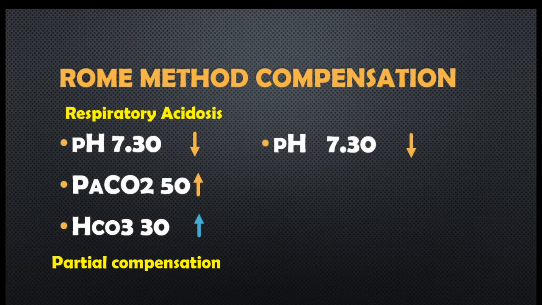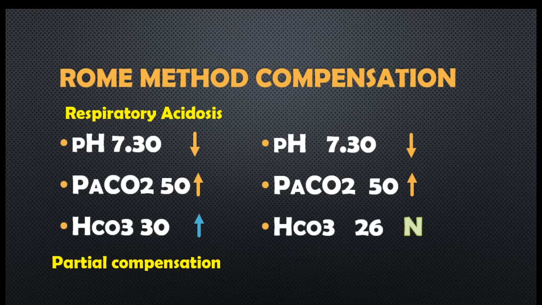So we have a pH of 7.30, same. This is decreasing, which is acidosis, and the PaCO2 of 50 is also increasing, and the bicarbonate level is normal. So we try to analyze if this is acidosis or alkalosis. This is acidosis because the pH is 7.30 and the arrow is going down.